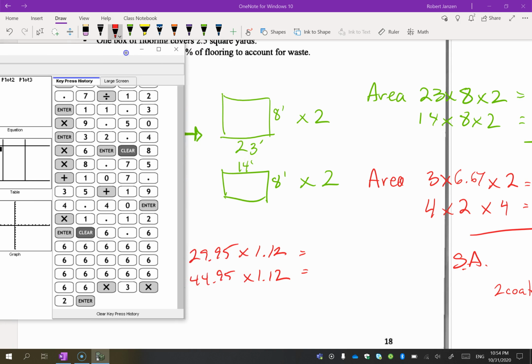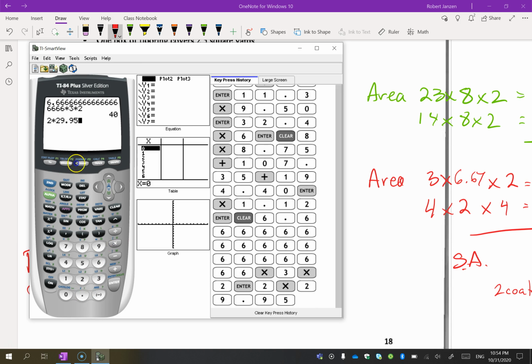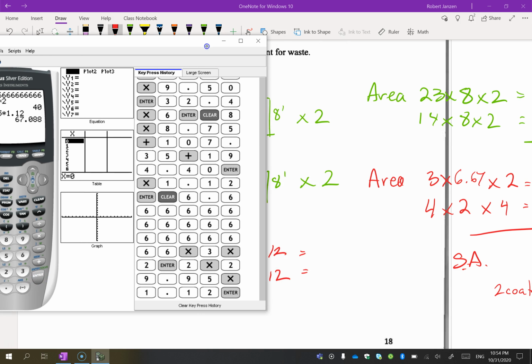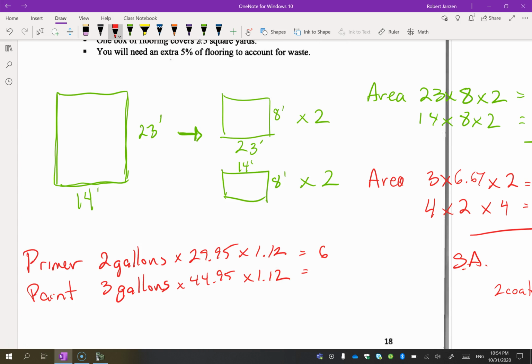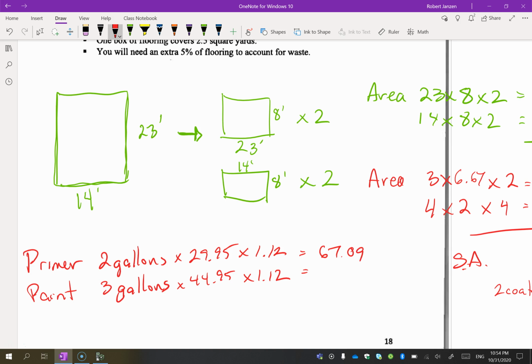Okay, so 2 times $29.95 times 1.12 equals $67.09.